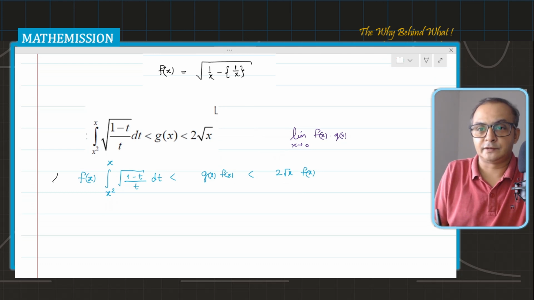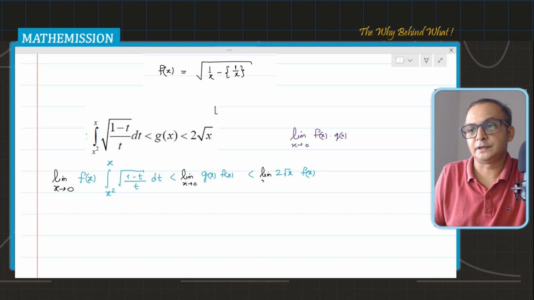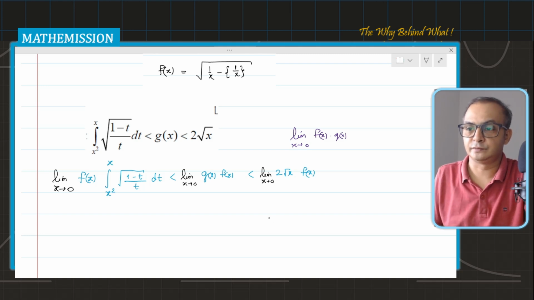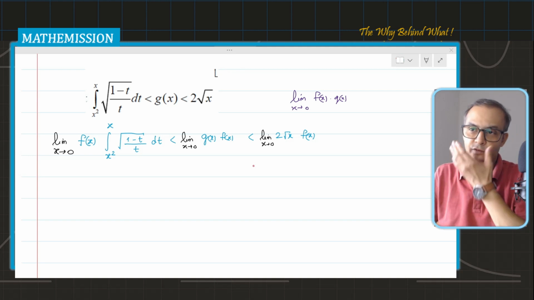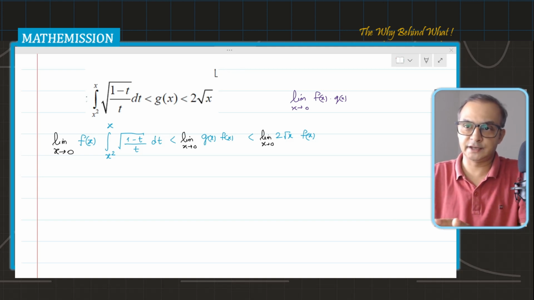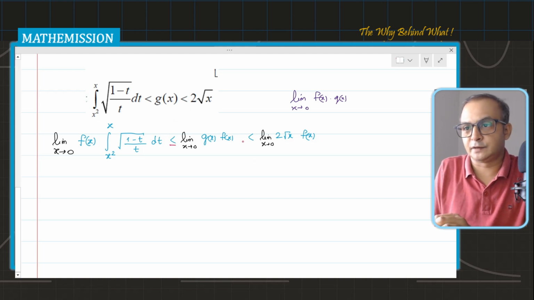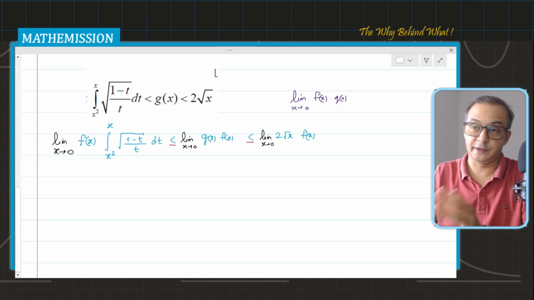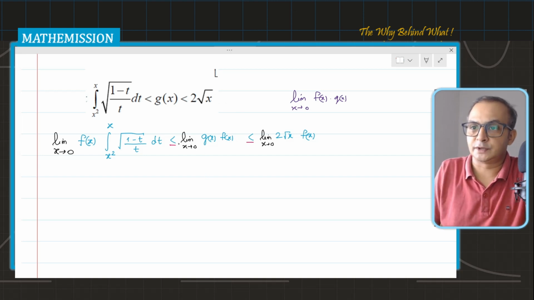So I'm writing here limit x approaches 0, here also limit x approaches 0, and here also limit x approaches 0. After this, you can notice that when we apply the limit, the sign will turn from inequality to equality also. So that thing you must know.